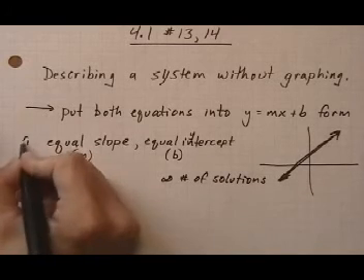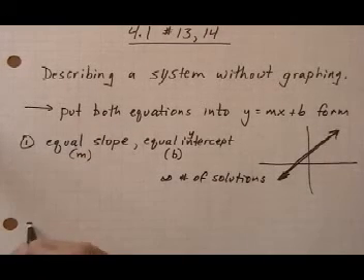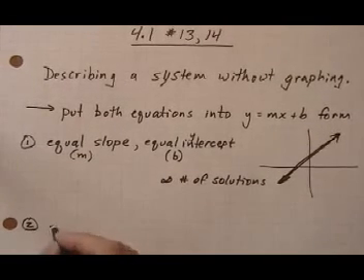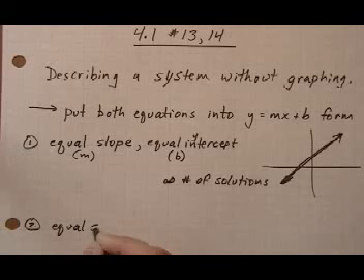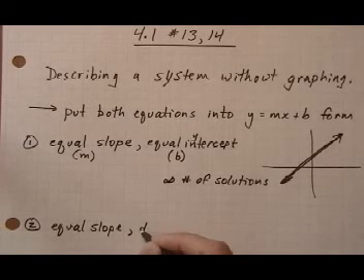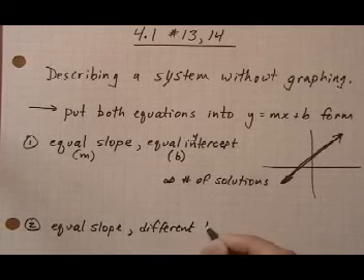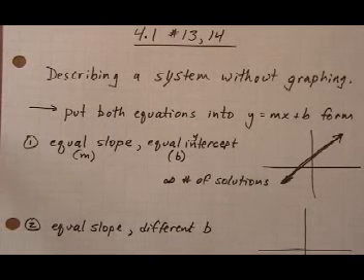So that's one possibility. Another possibility is if you have equal slope again, but you do not have equal y-intercept, or you have different b values. That would be something like this. Right?